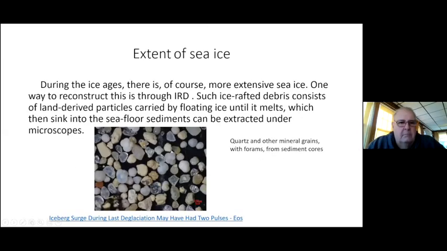We also can tell what's going on in the past by using what we call IRD, ice rafted debris. Here we have an image of grains of terrestrial minerals like quartz. And if you look closely, you'll see some forams in here, like this one.